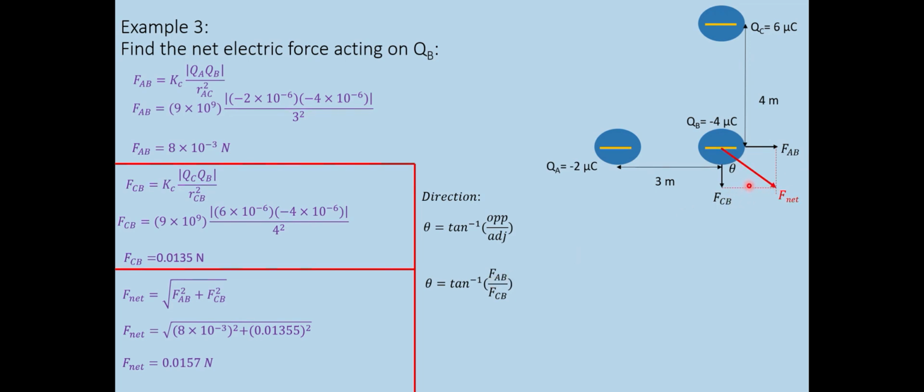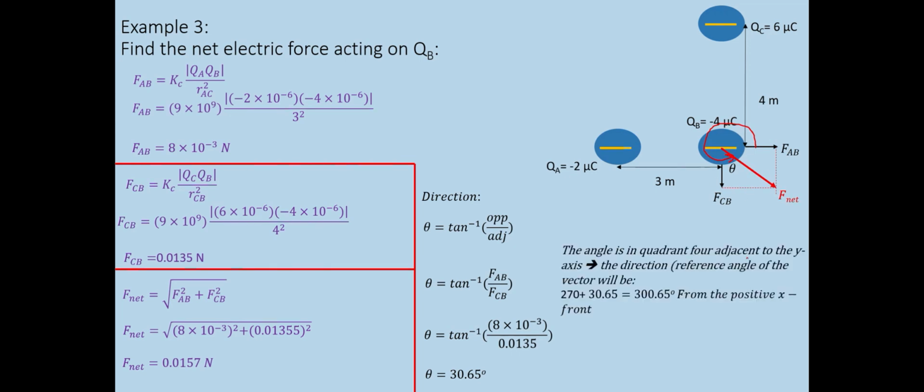I chose this angle, so theta equals tan inverse. This is the opposite side, which is the same as FAB, and the adjacent is FCB. We replace to get the values. Now the reference angle will be this one. It will be this angle, which is 270 plus theta, and we find the answer as 300.65 degrees from the positive x-axis.